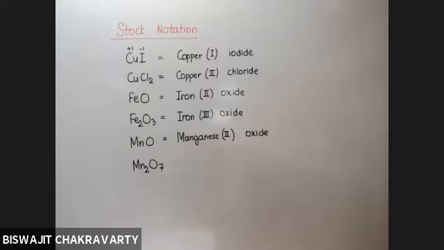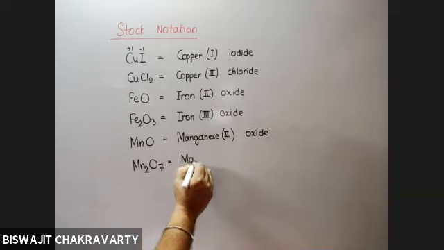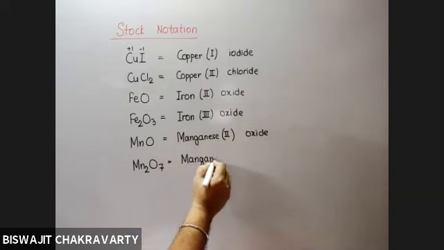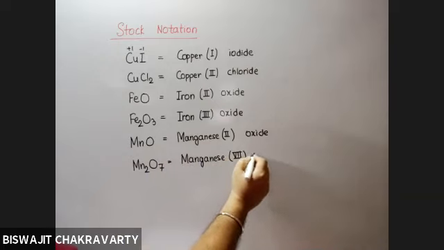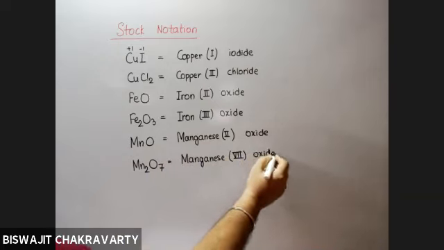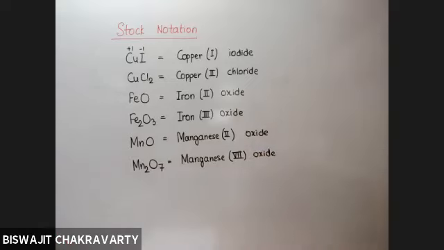What is the oxidation number for manganese you are getting by the normal method? 7. Manganese 7 oxide. Okay, sir? Yes, sir.